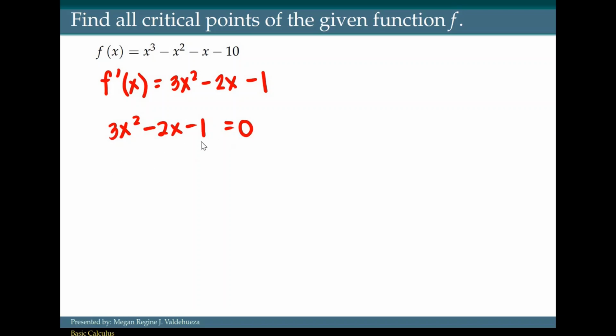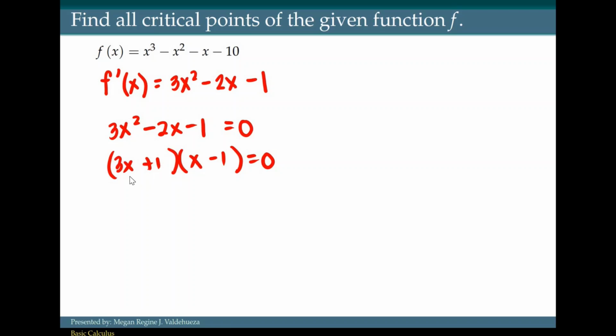So we have to factor this out. We have 3x here and x equal to 0. So we have plus 1 and minus 1, since positive 1 times negative 1 is negative 1, right? We got this one.